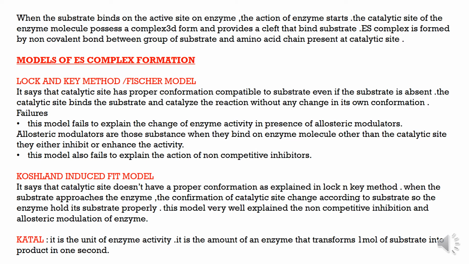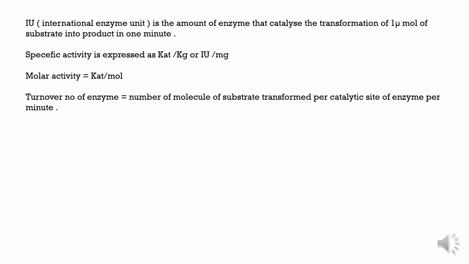It is the amount of an enzyme that transforms 1 mole of substrate into product in 1 second. IU is the amount of enzyme that catalyzes the transformation of 1 micromole of substrate into product in 1 minute. Specific activity is expressed as kat per kg or IU per mg. Molar activity is denoted as kat per mole.